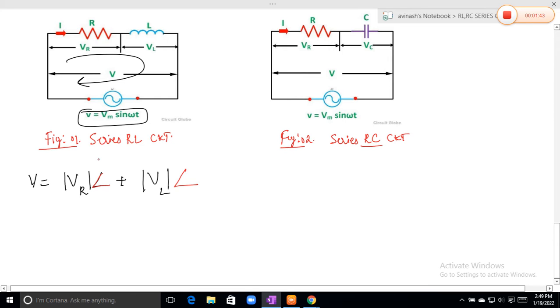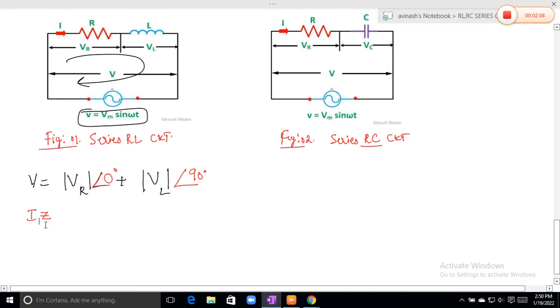What will the phase angle of the resistive voltage be? Definitely 0. What will the phase angle for the inductor be? 90 degrees. Hope you understand this point. Now what is the voltage? According to Ohm's law, V is equal to current and impedance.